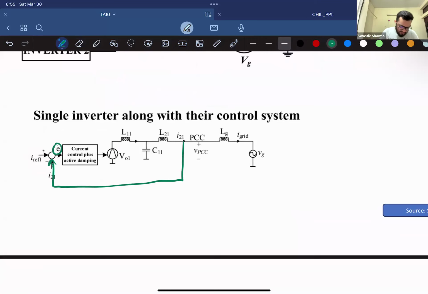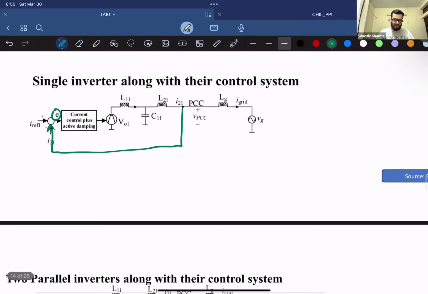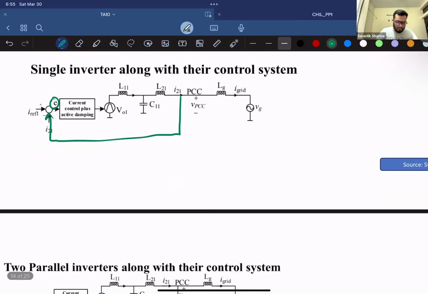This error signal is then fed in such a way that the control algorithm produces an open circuit voltage at the inverter end. The inverter end is connected to an LCL filter, which is then connected to the point of common coupling, which is feeding power to the grid. So this is a single inverter control system, right?